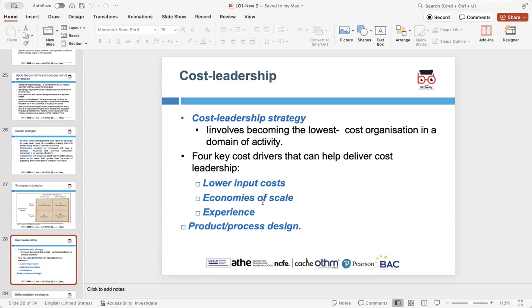Economies of scale means increasing production volume to reduce per unit costs. Then experience, gaining efficiency through accumulated production experience. Then product and process design, streamlining design and process to reduce costs.